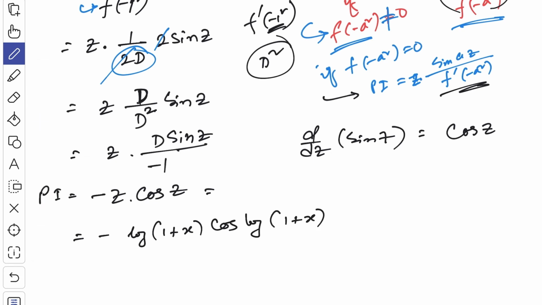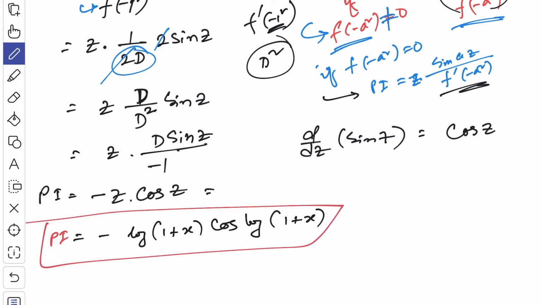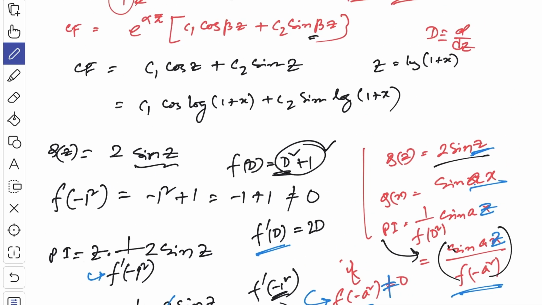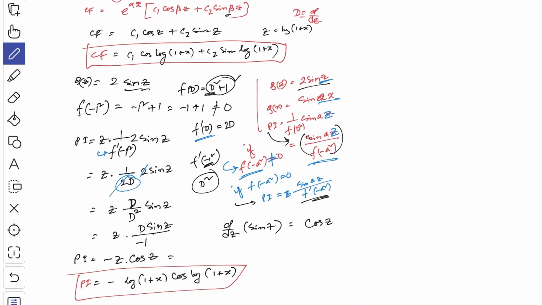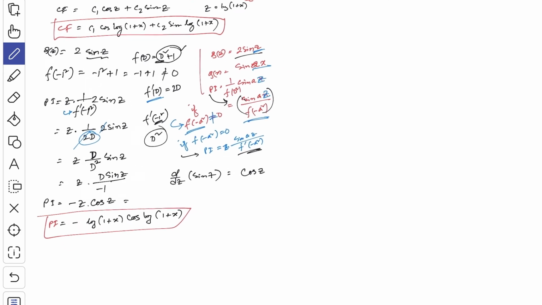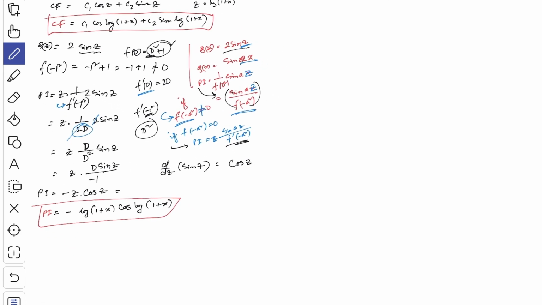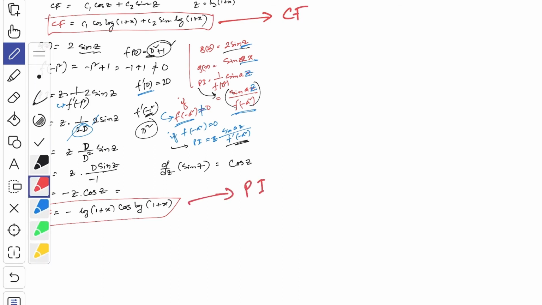So this is our PI, and our CF is this. So we have got CF and PI. Adding these two, we will get the result, right? Let me minimize this page so you can see both CF and PI in one frame.